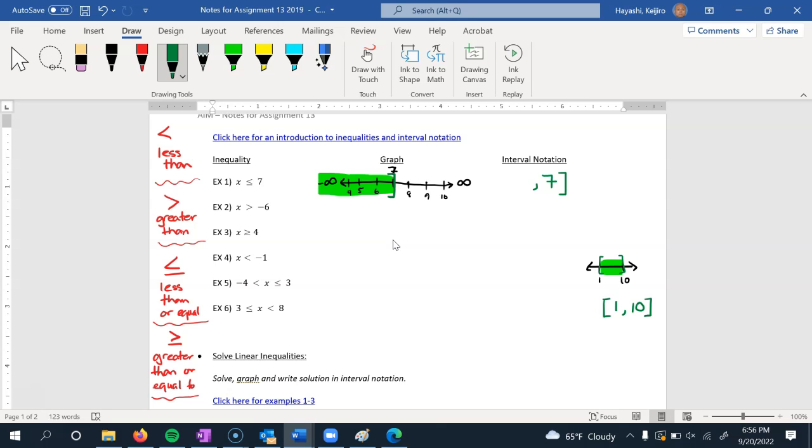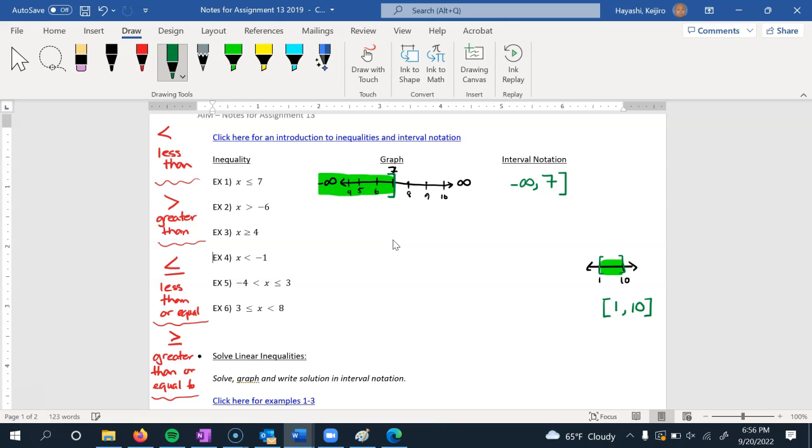There would still be negative 2 bazillion, negative 3 bazillion. So there's not going to be a number that you can say that it really starts at. So you're going to say that it starts at negative infinity.